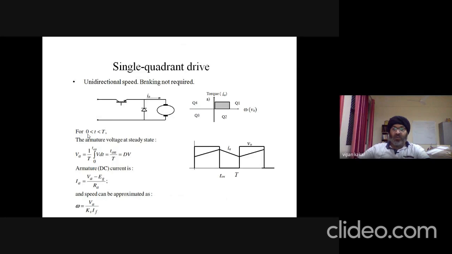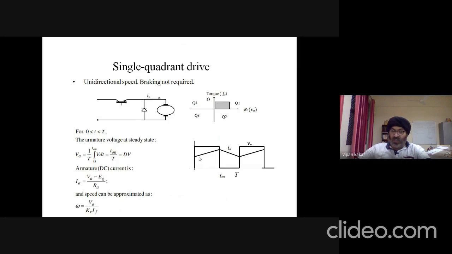From time 0 to time period t, the armature voltage is at steady state, assuming so. This armature voltage is an average of this voltage from 0 to t on, when this switch is turned on.